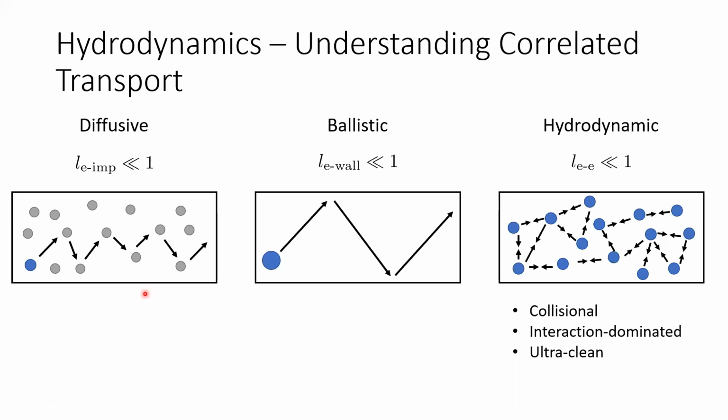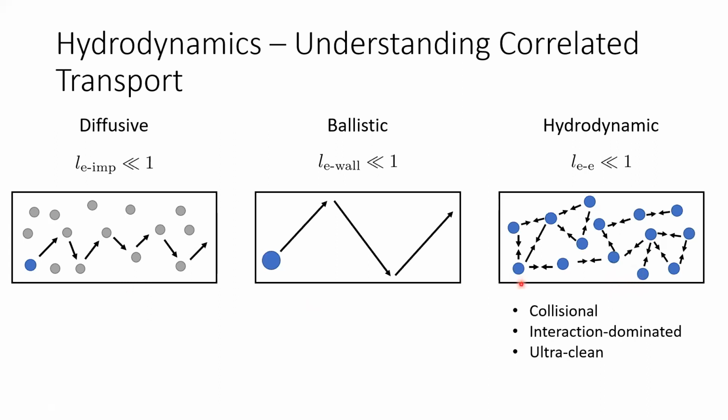This is typical conduction, where the carrier particle hits impurities and executes some random walk. When electron-boundary scattering is the shortest, we call this ballistic, and the particle just bounces off walls. And finally, when the electron-electron scattering length is the shortest, we call this hydrodynamic.